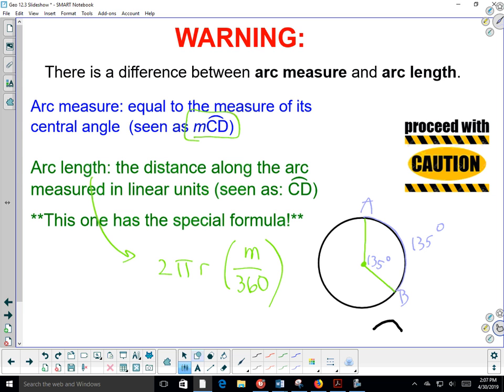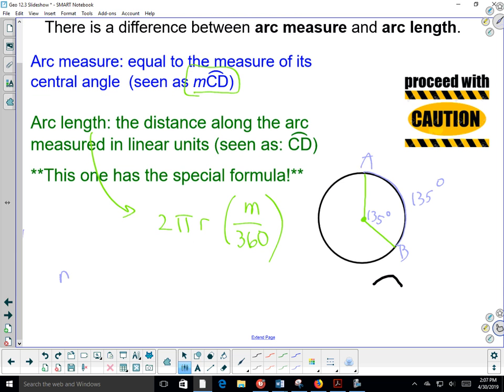I would say measure of arc AB is 135 degrees. Agreed? But if I want to find the length of arc AB, then I would need to know how far it is to get from here to here, right? That's what I would be trying to find, that distance in whatever units.